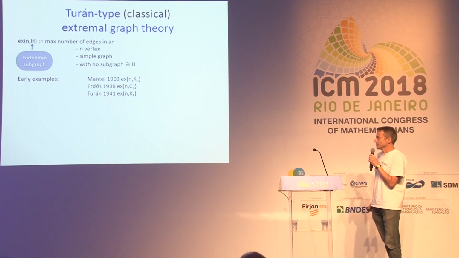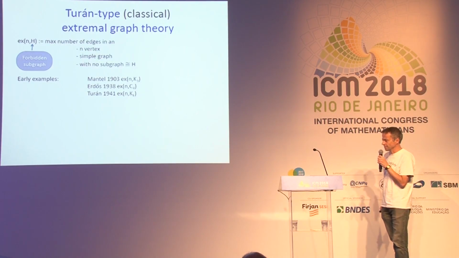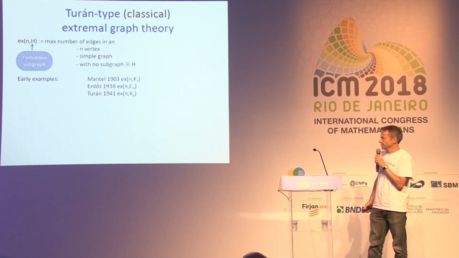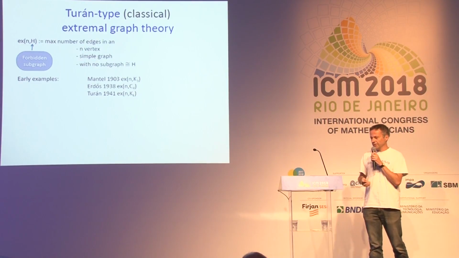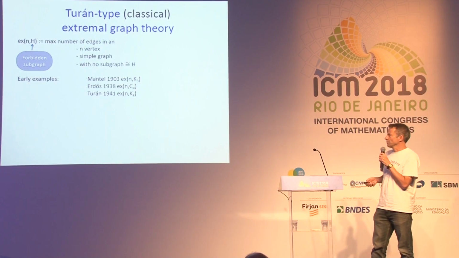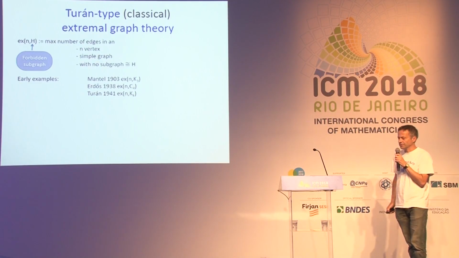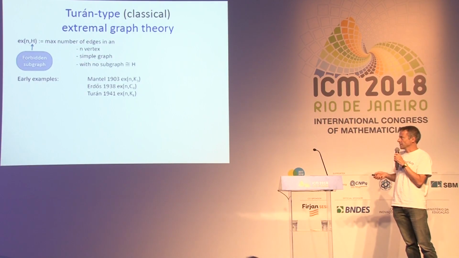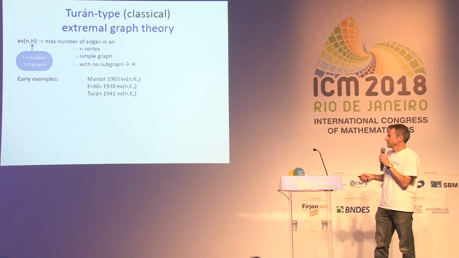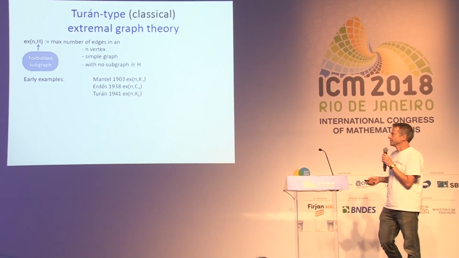The next one is from Erdős, where a cycle of length 4 was forbidden, and he gave bounds on how many edges a graph without a cycle of length 4 can have, and used that in a number theoretic problem. The name Turán-type extremal graph theory comes from Turán's theorem, which gives an exact value for this ex(n, H) function for any clique. So that's a generalization of Mantel's result on triangles.